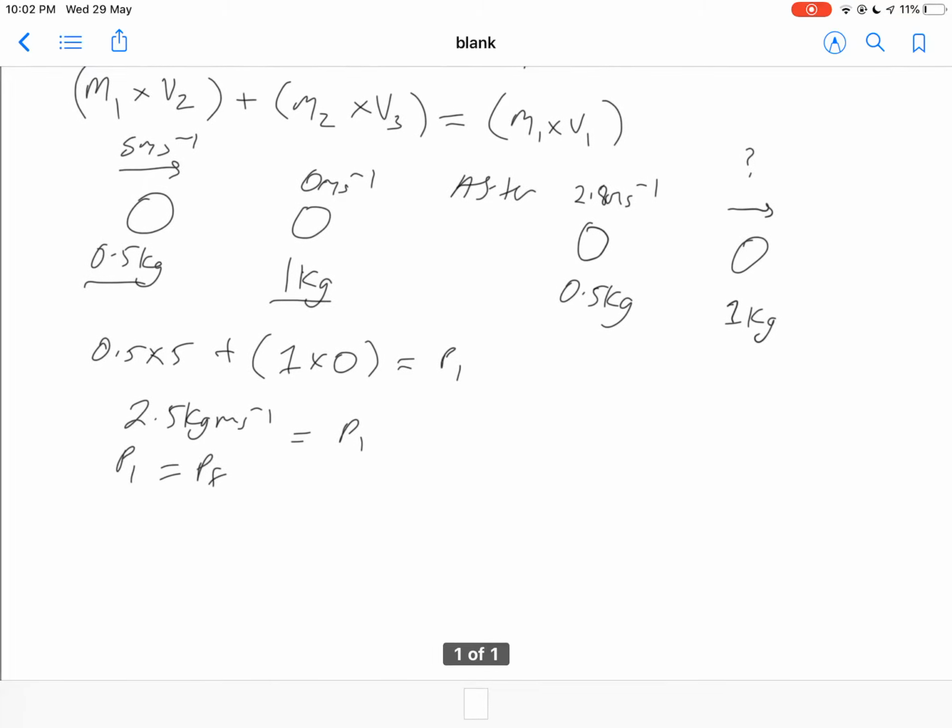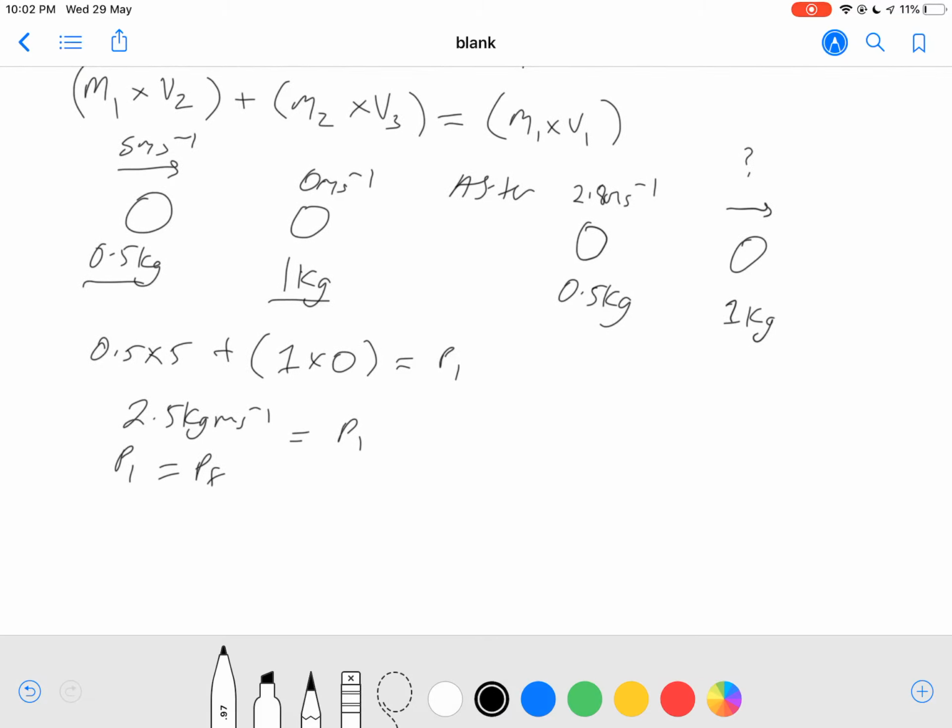So now we say the mass of the first object multiplied by the new velocity, v2, which is now 2.8, is added to the mass of the second ball, which is 1 kilogram, multiplied by v3, an unknown velocity, and that equals the initial momentum, m1 times v1.